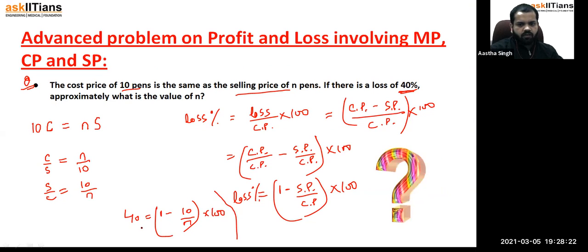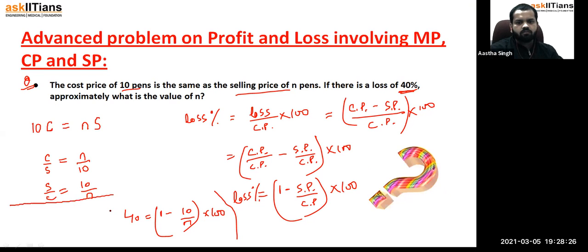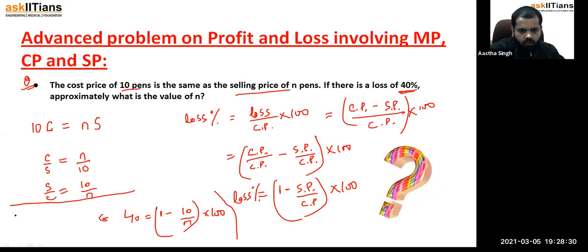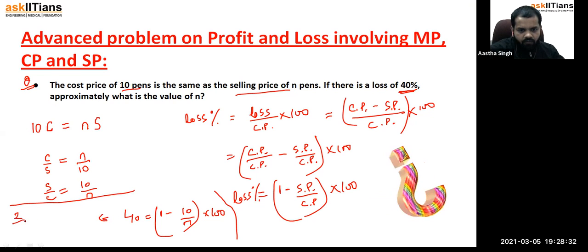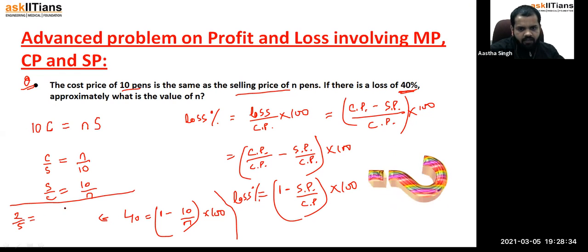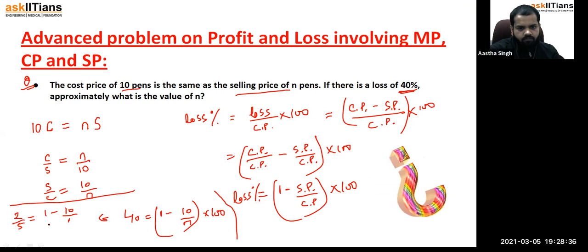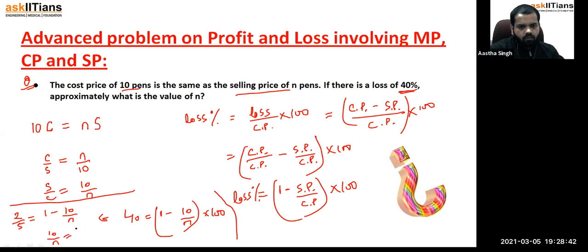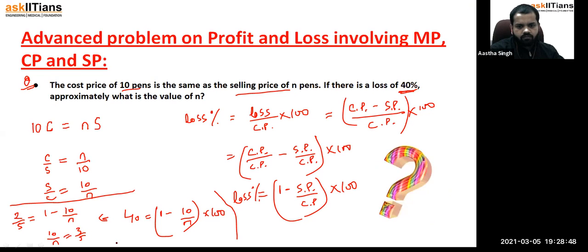If you further solve it, you will get 2 upon 5 equal to 1 minus 10 upon n. So basically 10 upon n will be 3 upon 5. So your n will be 50 by 3.